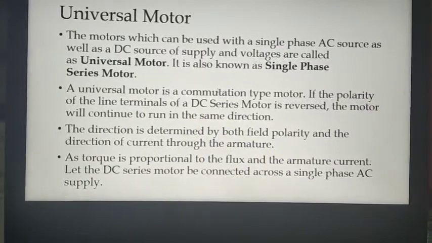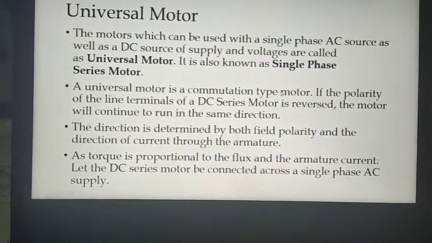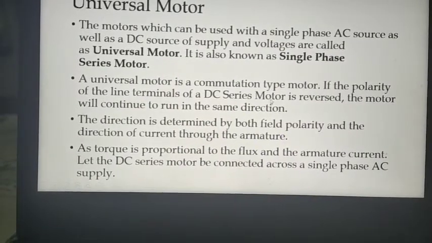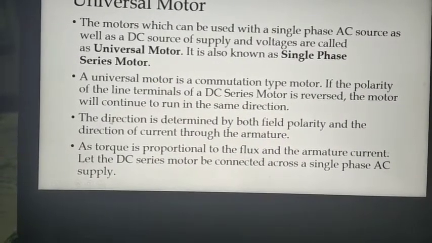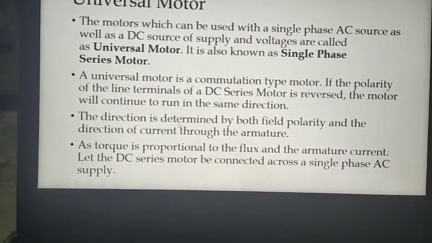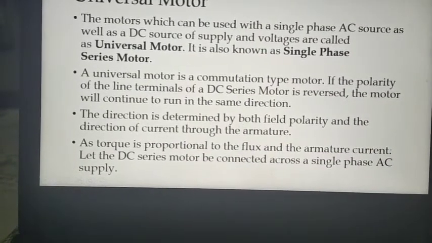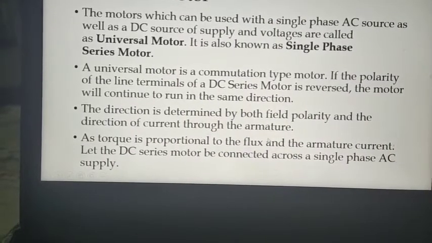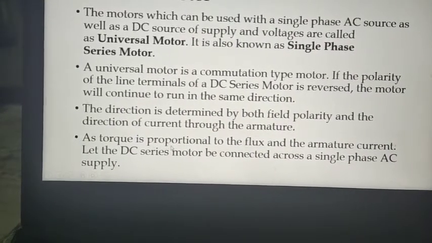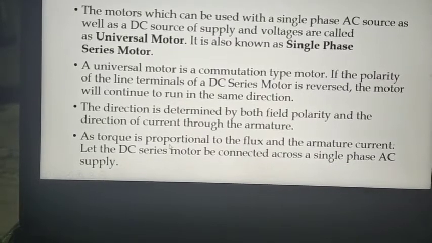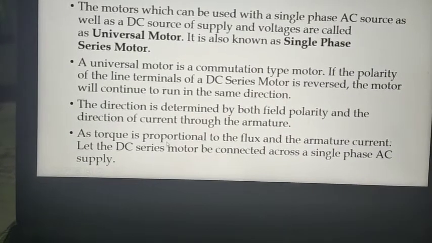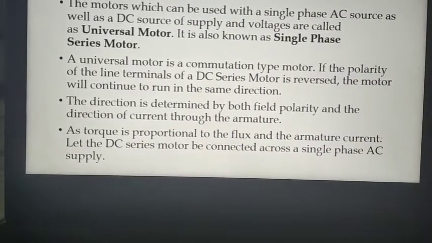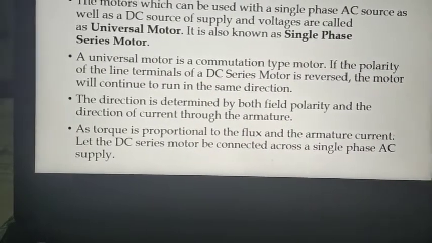A universal motor is a commutator type motor. If the polarity of the line terminals of a DC series motor is reversed, the motor will continue to run in the same direction. The direction is determined by both the field polarity and the direction of current through the armature. As the torque is proportional to the flux and the armature current, let the DC series motor be connected across the single phase supply.